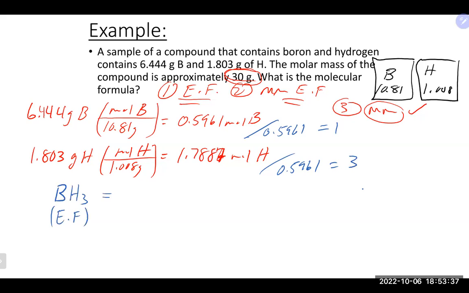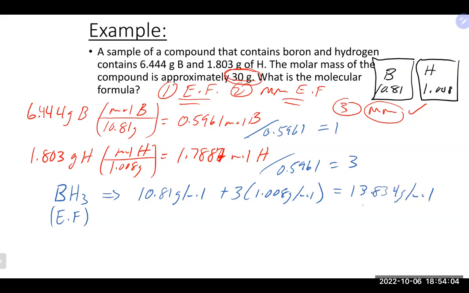We need the molar mass of this, so that would be 10.81 grams per mole plus 3 times 1.008 grams per mole. That gets us about 13.834 grams per mole. That's the molar mass of the empirical formula.